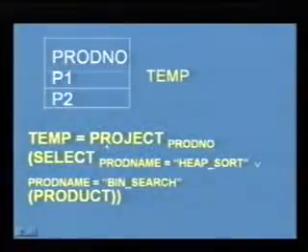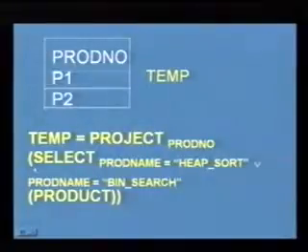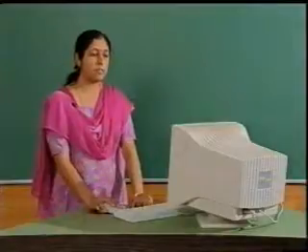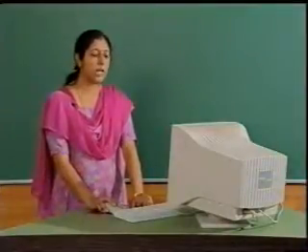And it will be obtained by using the relational algebra expression temp is equal to product number followed by bracket select product name is equal to heap sort or product name is equal to binary search performed on the relation product. So basically we have used the OR operation to combine the two conditions that the product name can be heap sort or it can be binary search.